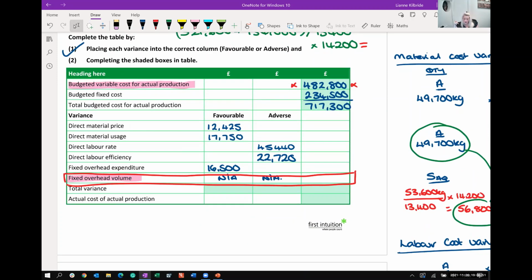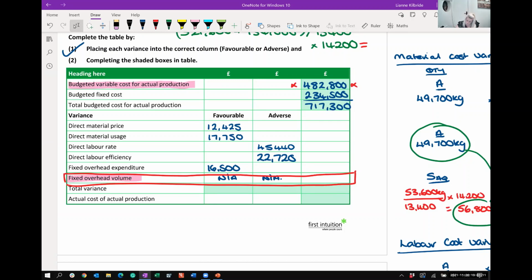The only one that we need to compare with marginal is the actual versus budget in terms of cost. So you can totally ignore the overhead absorption rates, where you've got to do all your variances for your other fixed variances.